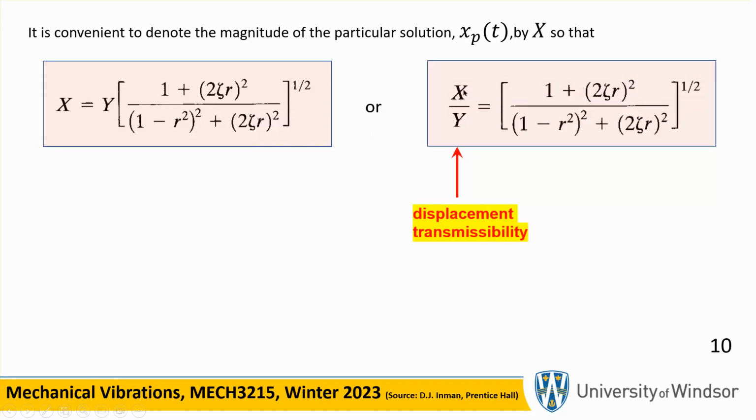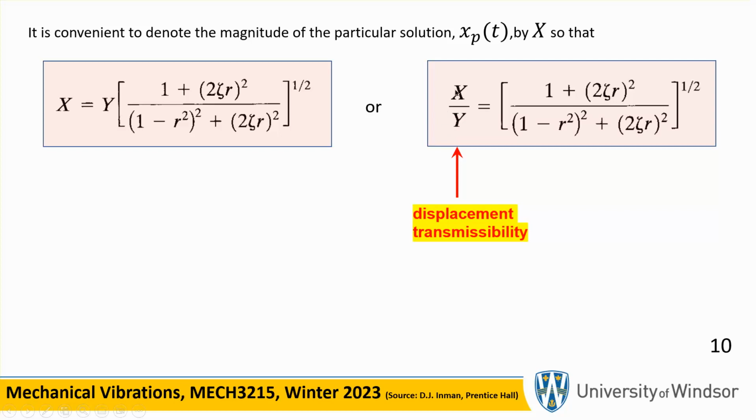This is why, in the case where the base is moving, like in our case, you can look at big X over big Y. This is the amplitude of the motion of the block. This is the amplitude of the motion of the base.